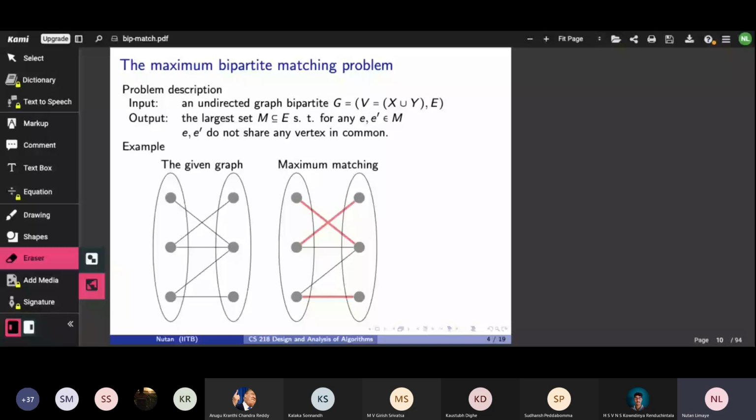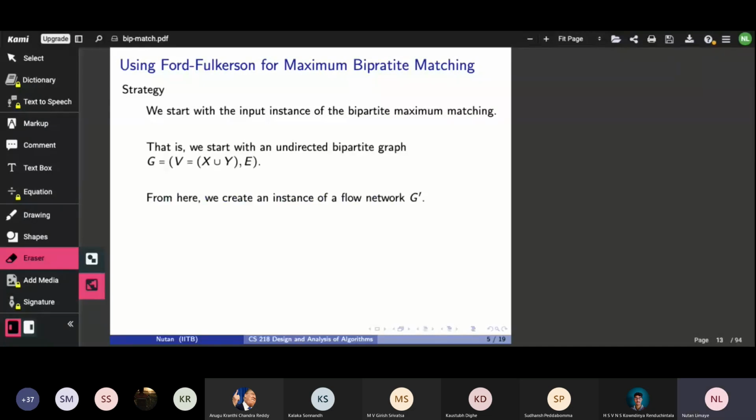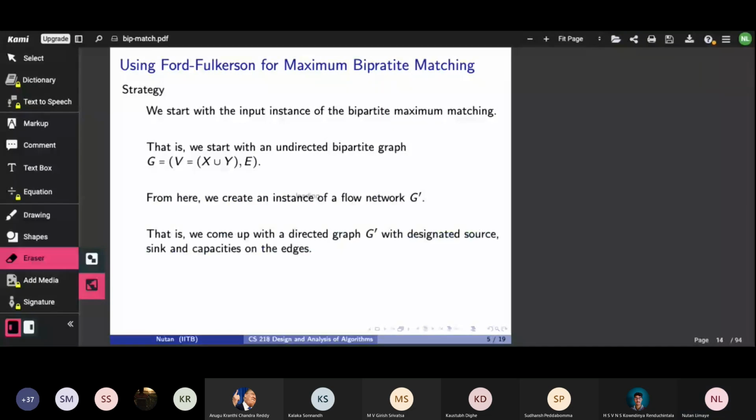So here is our strategy. What we'll do is we'll start with the input instance of the bipartite maximum matching. So we start with the graph. From here, we create an instance of the flow network, say G prime. What that means is from the originally given undirected graph, we come up with a directed graph which has a designated source, a sink, and capacities on the edges.